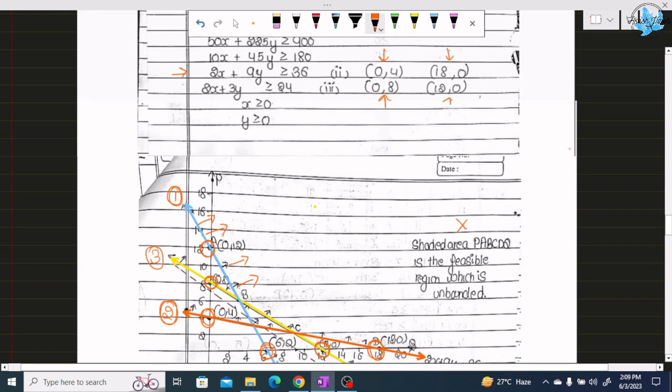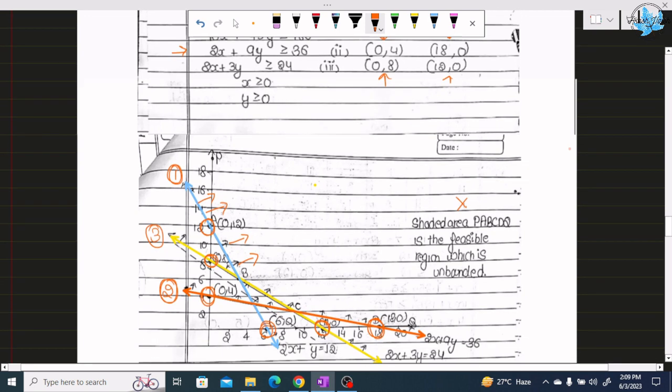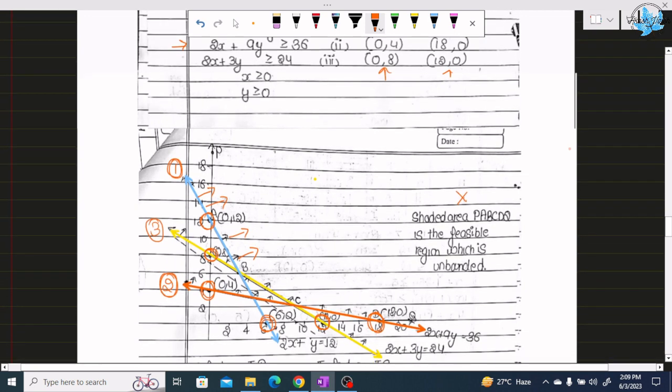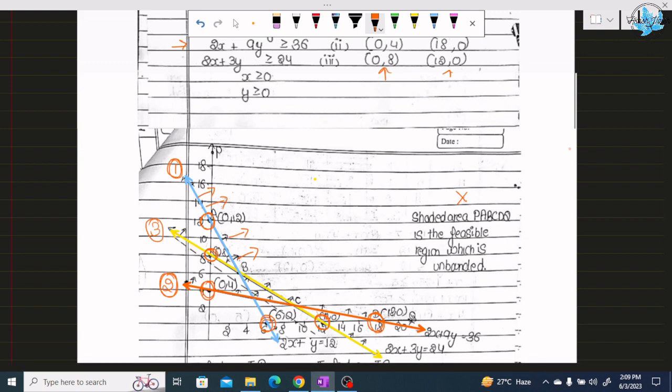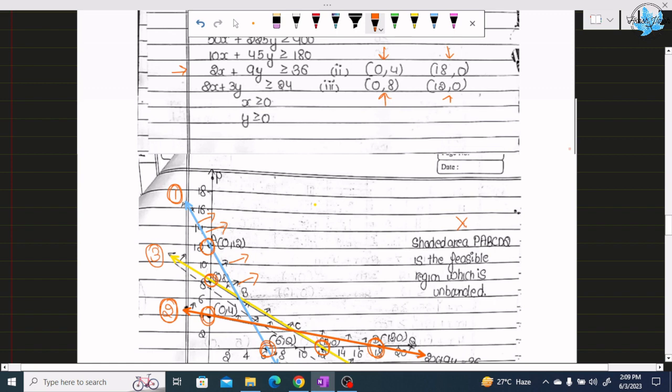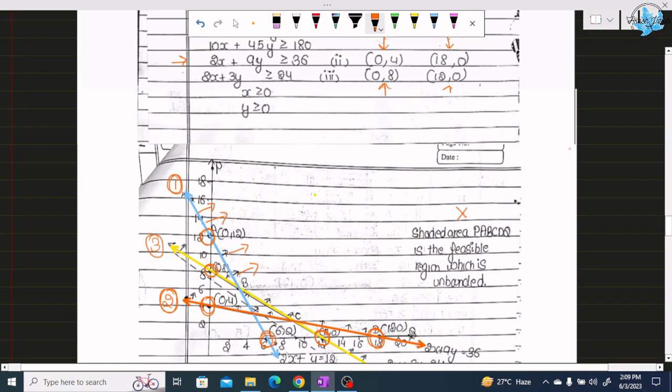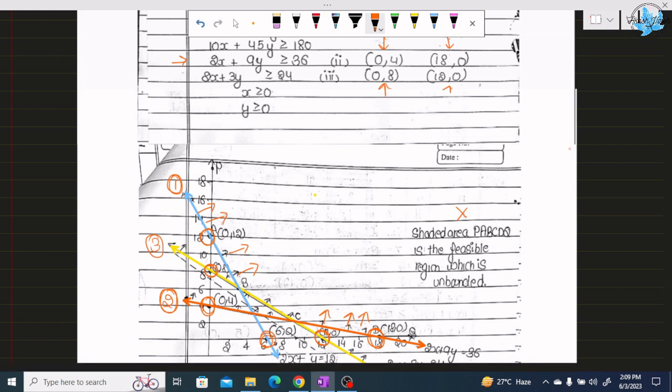The second equation is what? 2x plus 9y, again greater than or equal to. So when you see the orange line of the second equation, put the origin coordinates, that is x and y, in the second equation, and you will get that it will not satisfy. Then it means again for the orange line, the region will be opposite to the origin.